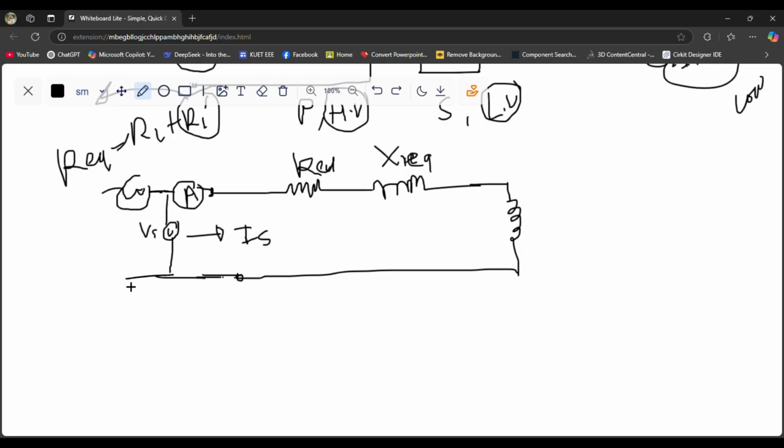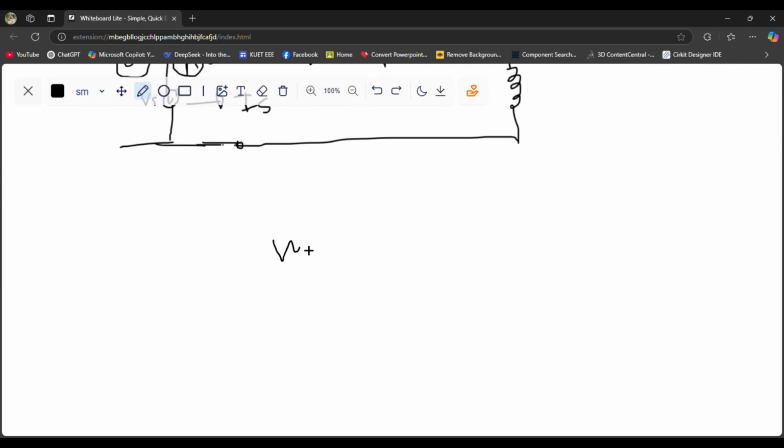This wattmeter always gives the real power value. So now we will get the numerical values, but if we look at the equation, W is equal to Vs Is cos theta.